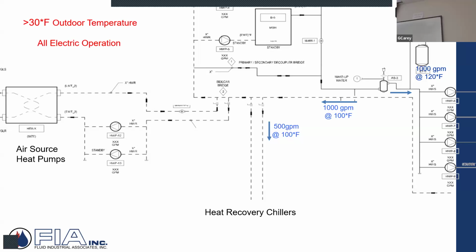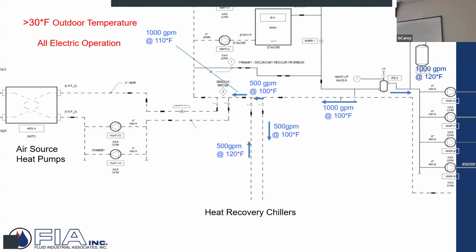So 500 gallons a minute of 100-degree water coming back. 500 goes across because there's my flow, 1,000 gallons a minute, hit the T. 500 goes this way. 500 goes across the common. I have 500 of 120-degree water coming from my heat recovery chillers that I want to grab. So then I get some blending taking place, right? So now I have 1,000 at 110, and I'm chasing a supply temp of 120.